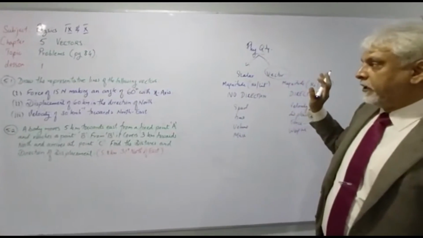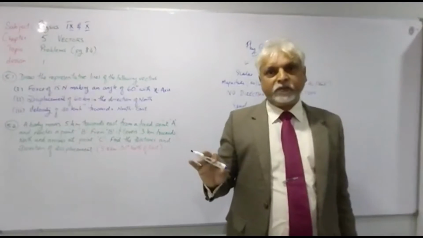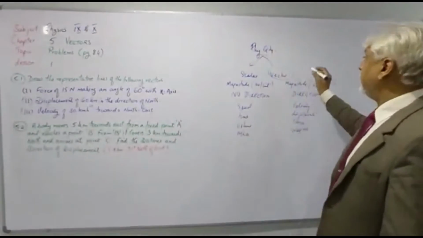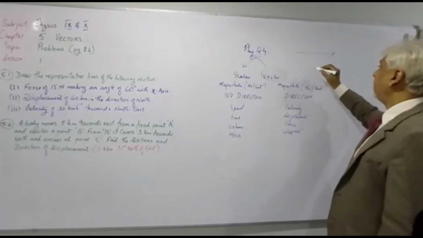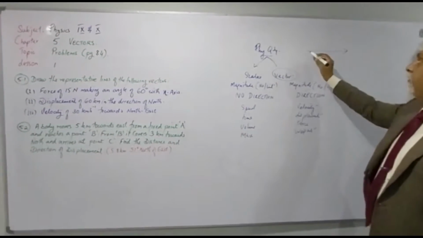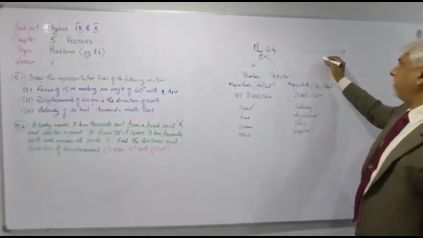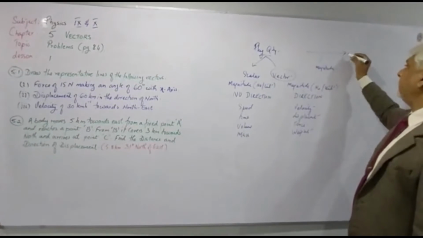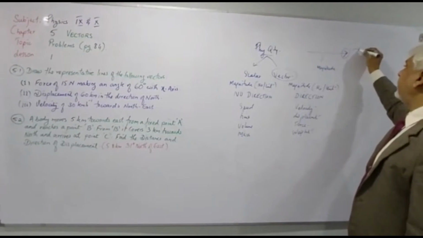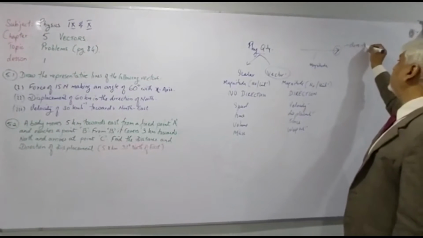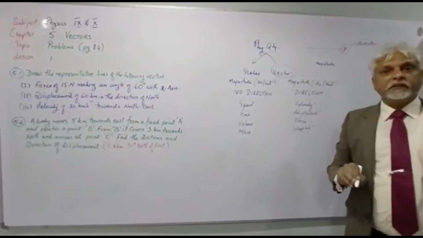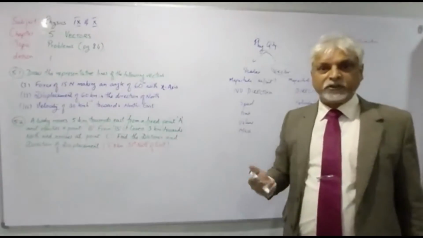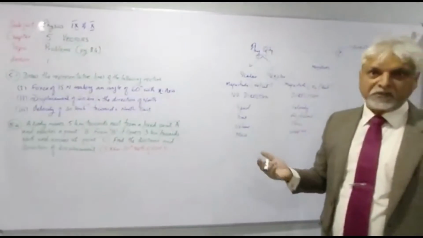Now, we need to represent a vector, and a vector on paper can be represented by means of an arrow. This is the arrow, if you can see here. The length of the arrow tells you the magnitude, and the arrowhead indicates the direction towards which the force is being applied or the body is moving with a velocity of, say, 70 kilometers per hour.